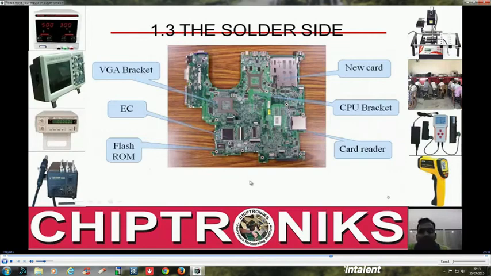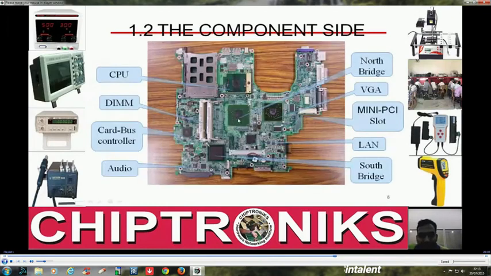Next, this is the solder side. So a notebook motherboard has two sides, one is the component side, another is the solder side. The component side is the side where the CPU socket is present, and the other side is called the solder side. On the solder side you will see the VGA bracket, which is needed if we apply a heat sink over there.